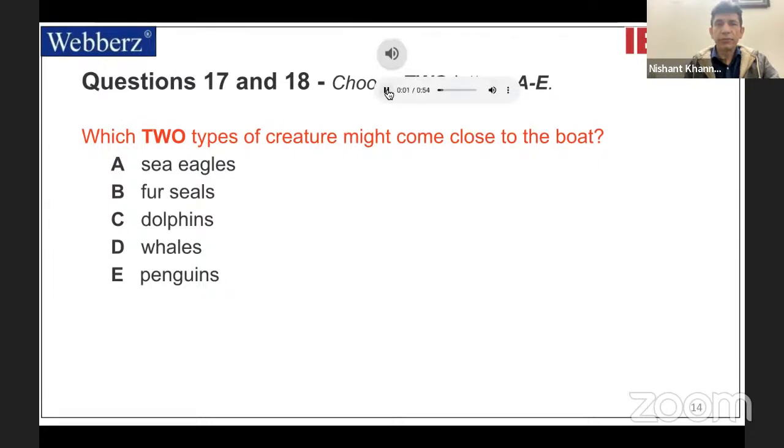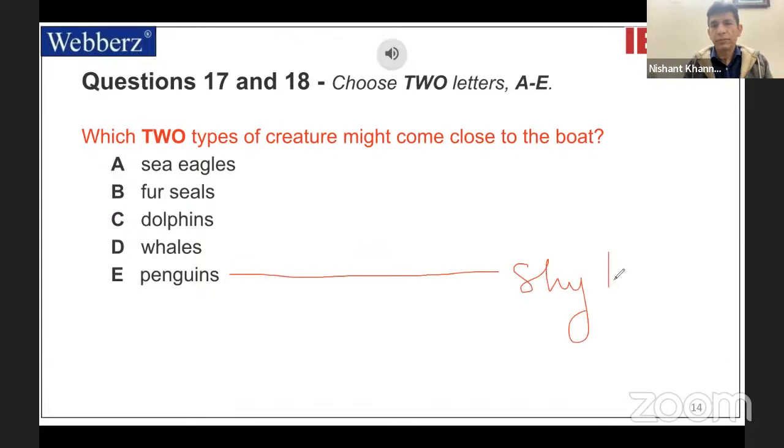Some of you have asked me what creatures we can expect to see. I know everyone loves the penguins, but they're very shy and unfortunately tend to hide from passing boats. But you might see birds in the distance, such as sea eagles, flying around the cliff edges where they nest.